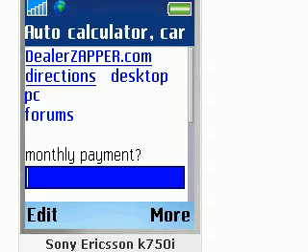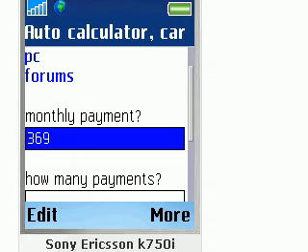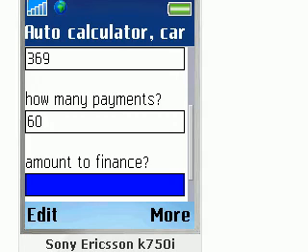So we'll go ahead and type in our $369 a month. Okay. Our next one, it asks how many payments. And we'll type in 60. Then our amount to finance is going to be $18,500.